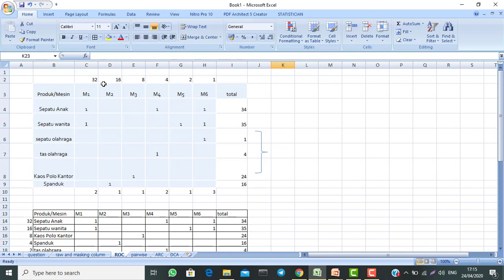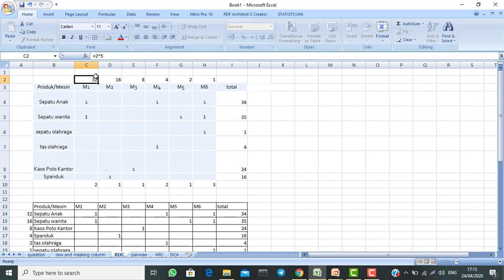The binary equivalence score is obtained by using binary, which means 2 to the power of something. Something here represents how many machines, subtract 1. In this case, we have 6 machines, 6 subtract 1, so the highest binary equivalent will be 2 power 5. So 2 power 5 is 32.